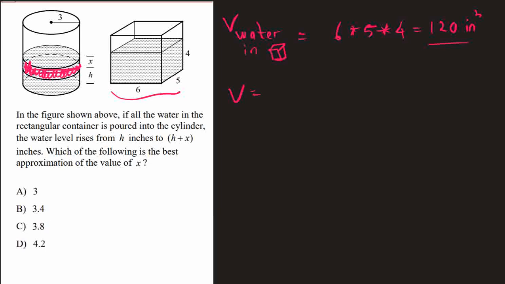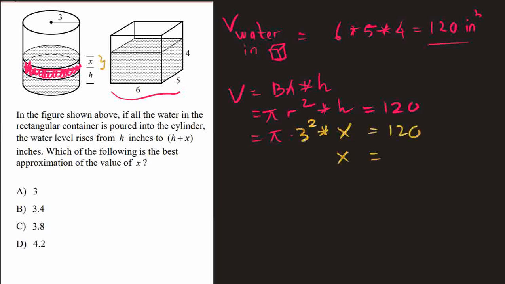So the same volume, 120 cubic inches, is poured, and now in the cylinder, the volume, as we said in the previous question, is base area times height. It will be pi r square times the height, and equals 120 because the same amount of water is poured there. The radius is 3 here, so pi times 3 squared times the height, in this case x, equals 120.